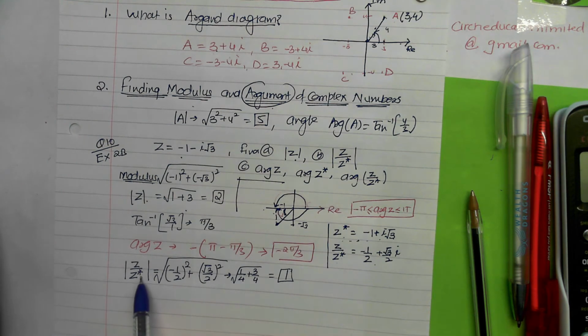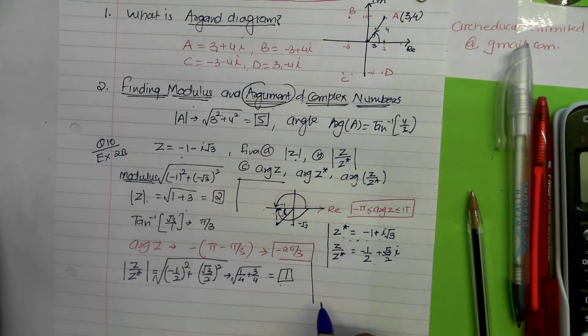Right, the modulus of this complex number comes out as 1. For the argument, what I said to you, it's always advisable to draw this complex number into the complex Argand diagram. This is negative half and plus root 3 over 2. It's somewhere over here.